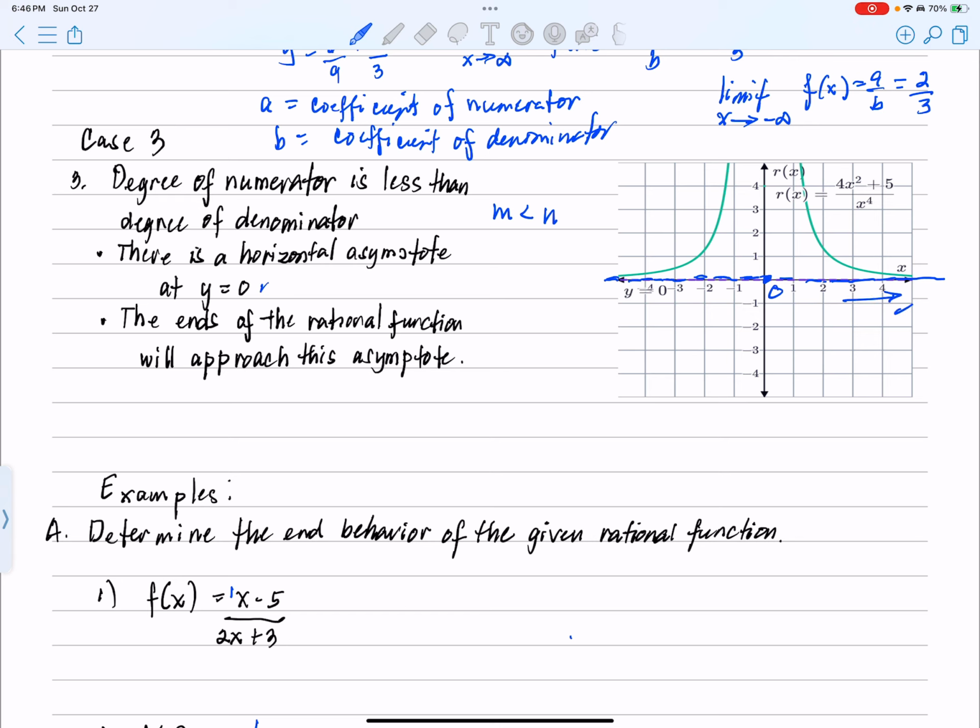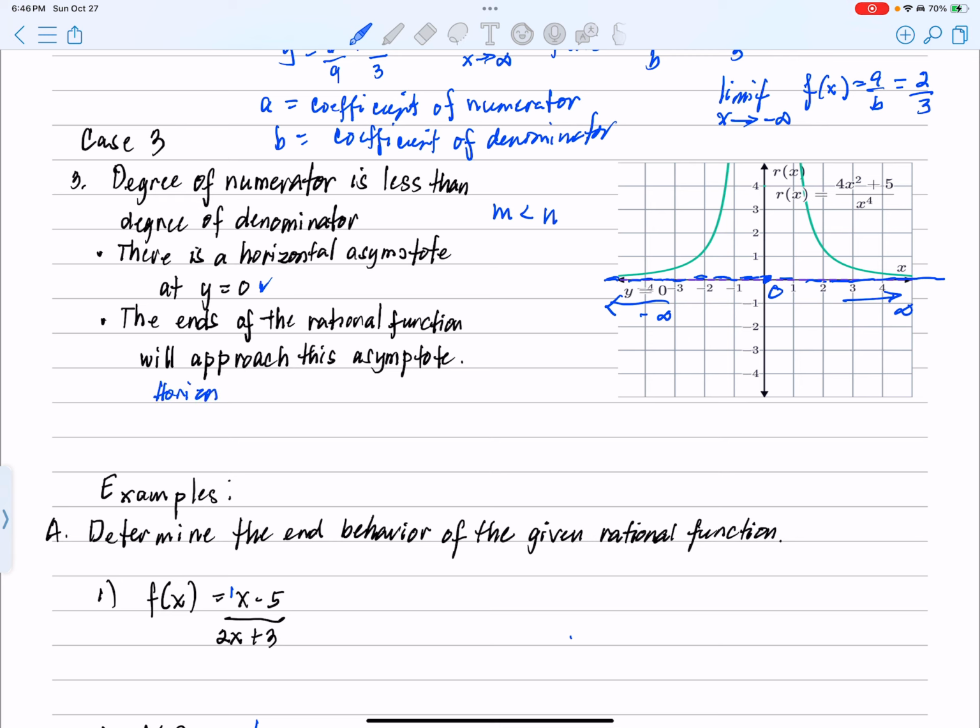So this is the positive infinity and this is the negative infinity. So in other words, it says y equals 0 is the horizontal asymptote.